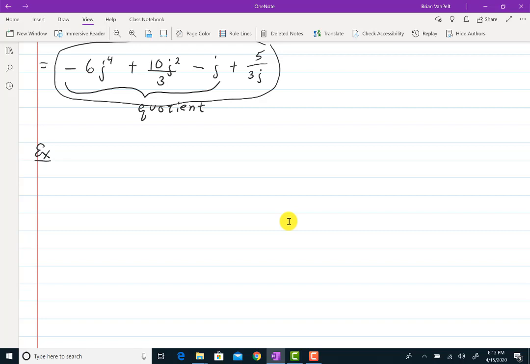For my next one, let's see, we have 60z to the 5th plus 3z to the 4th minus 10z divided by 5z squared. And once again, I'll write this like our other fractions so that it looks like it.